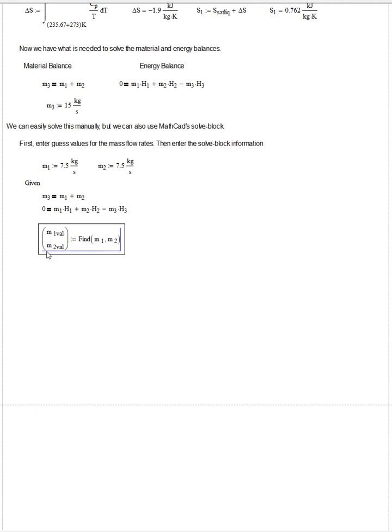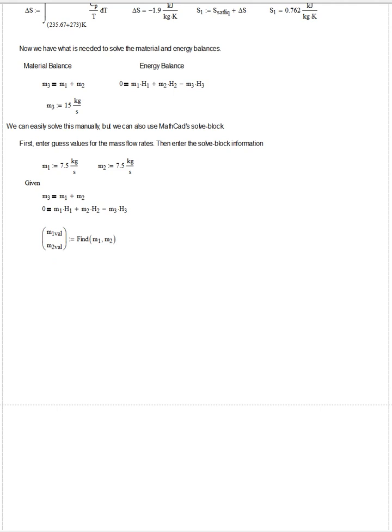Because I have two variables, I'm using the array or vector format in MathCAD. I'm assigning M1val, a new variable, to what it finds for M1, and M2val for what it finds for M2, because everything else is known. M1 and M2 are my unknowns.